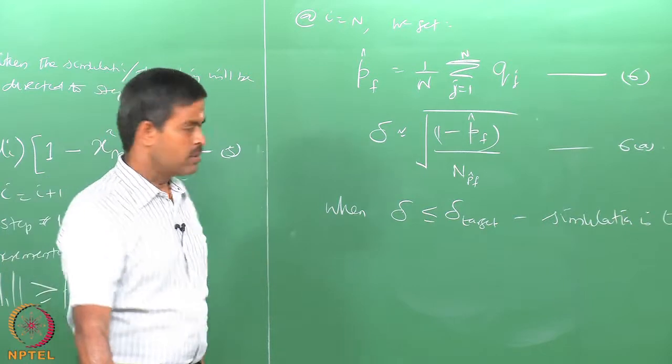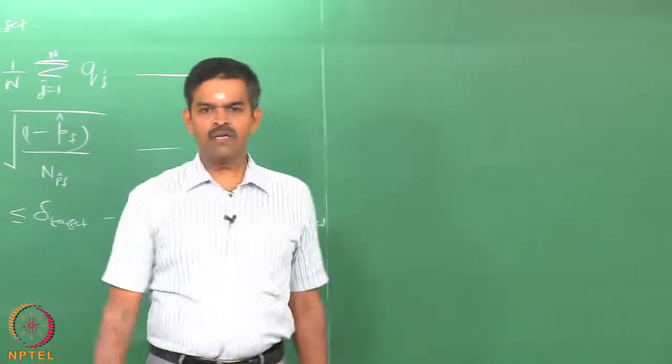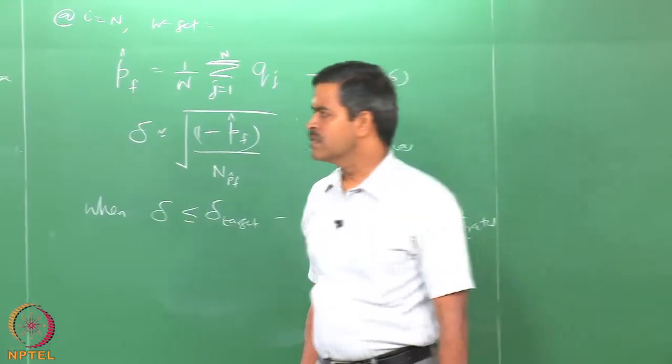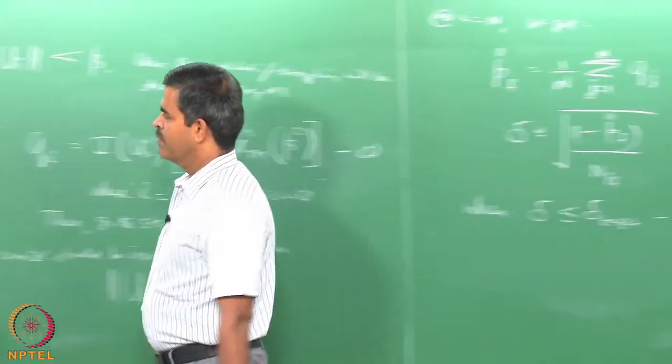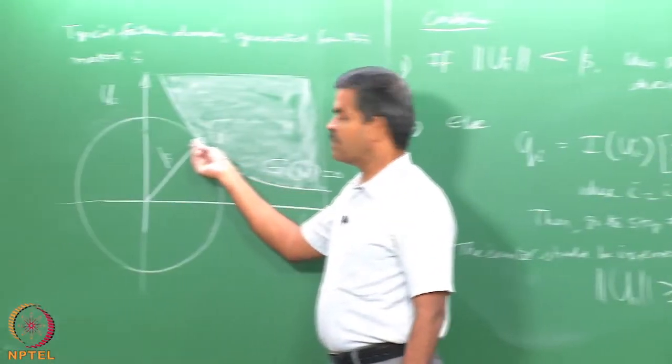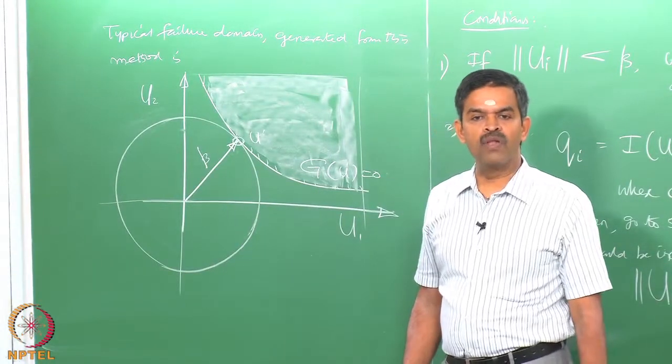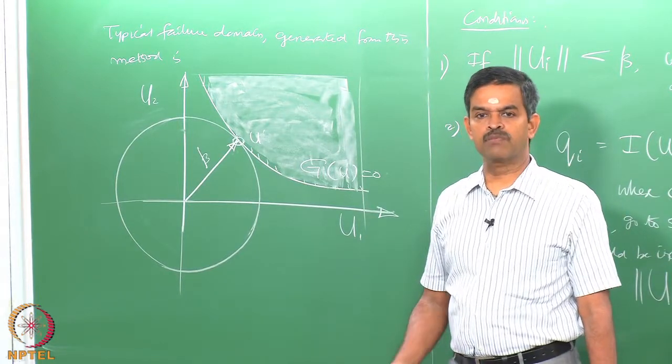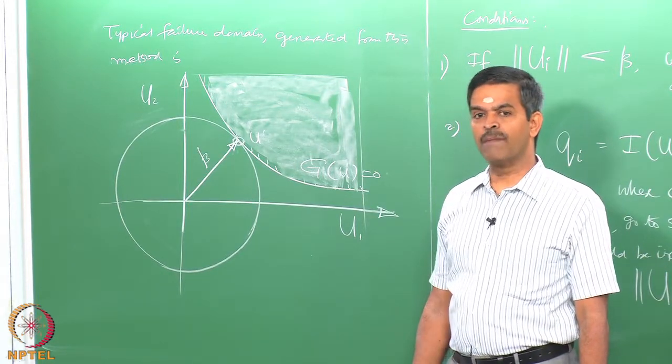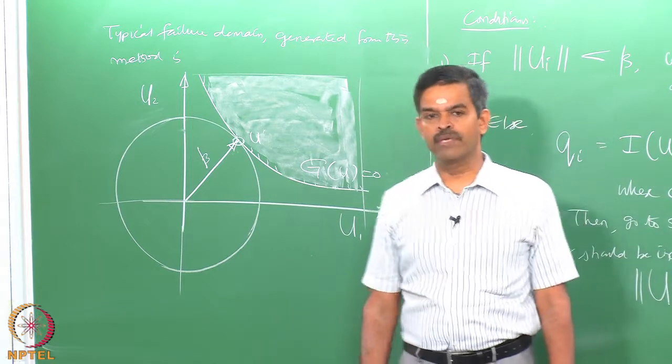Let us look this diagrammatically. The whole difficulty is locating the design point. We are trying to get the design point in such a manner that my probability of failure estimate is as accurate as possible and the points of sampling fall within the failure domain.